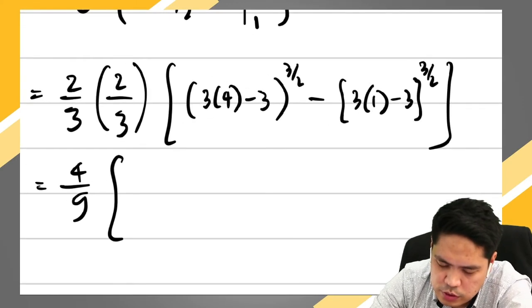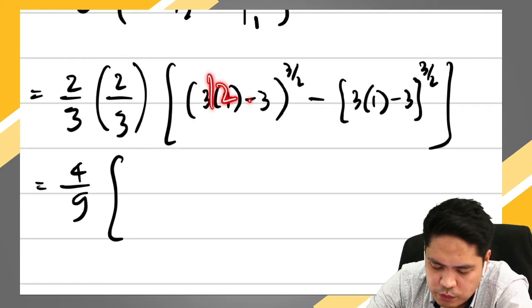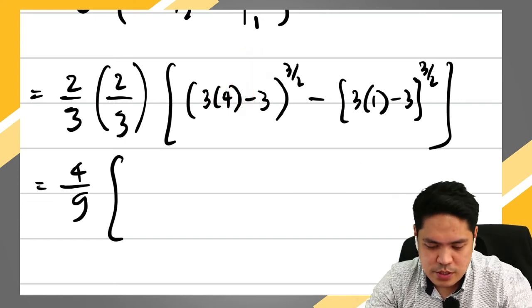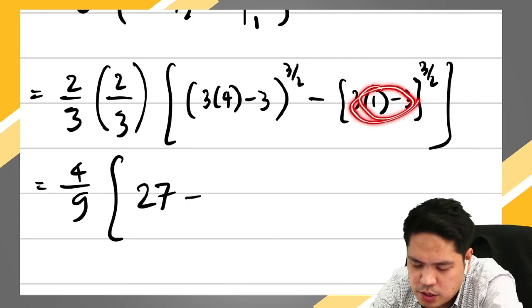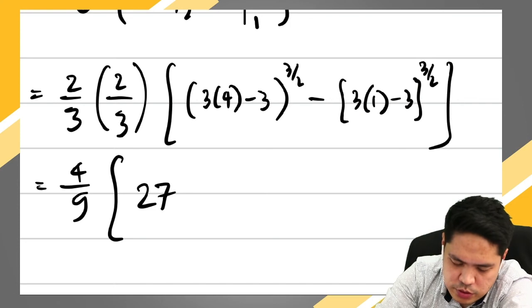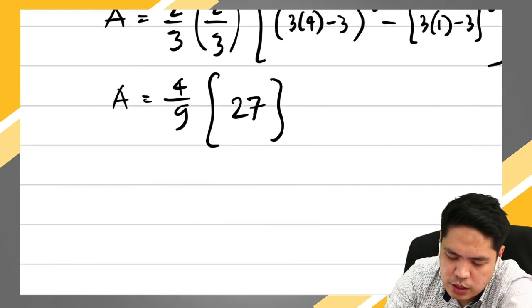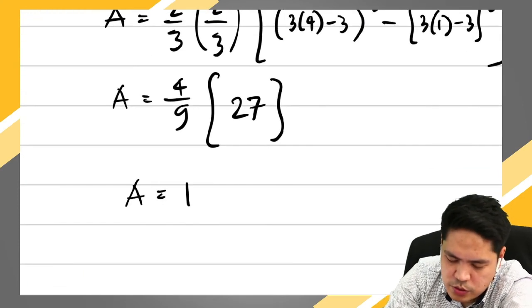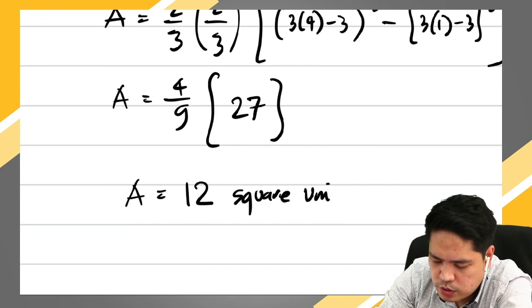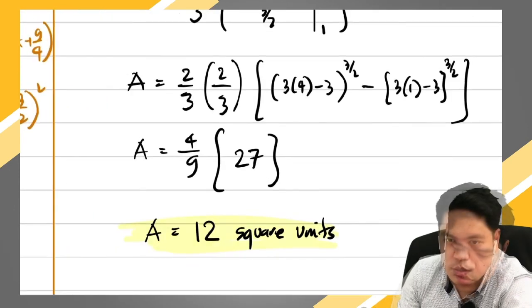So what happens here? 12 minus 3 is 9. 9 raised to 3 halves, that would be the square root of 9 cubed. So 27, right? 3 minus 3 is 0, so that cancels out. So only 27 is left. So 27 over 9 is 3, times 4, that's 12. Right? So the answer is 12 square units. That is the answer.